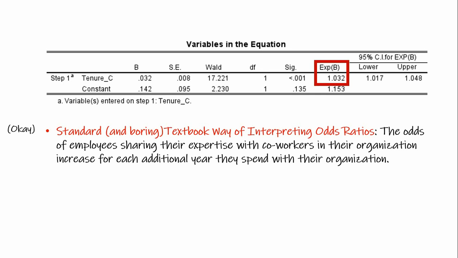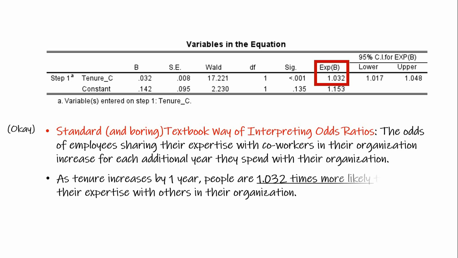Now, let's get a bit more specific. The odds ratio here is exactly 1.032. What does that mean in substantive terms? Contrary to popular belief, it should not be stated as, as tenure increases by 1 year, people are 1.032 times more likely to share their expertise with others.